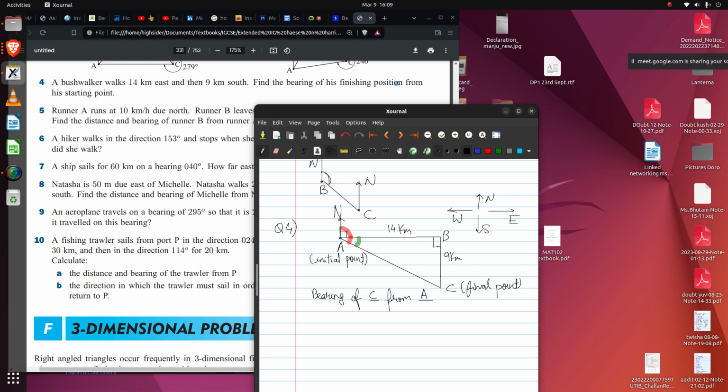Okay. So which trigonometry function should I use? Should I use sine, cos or tan? What do you think?